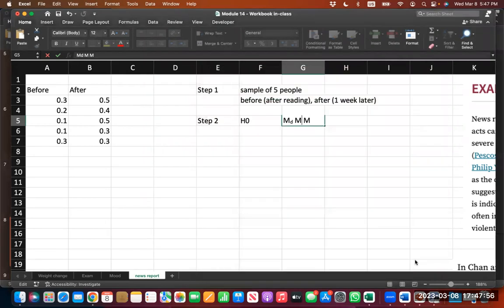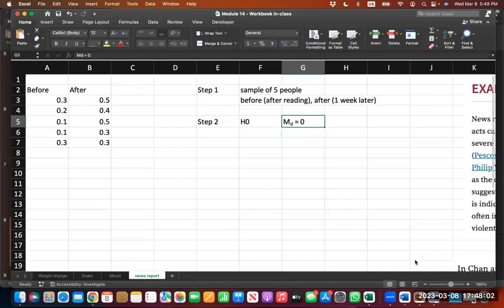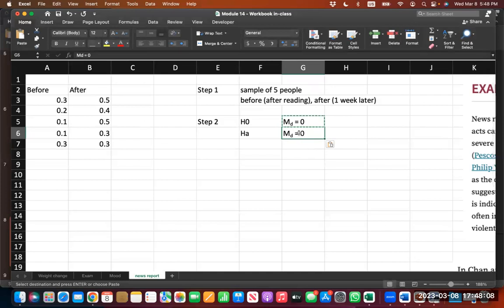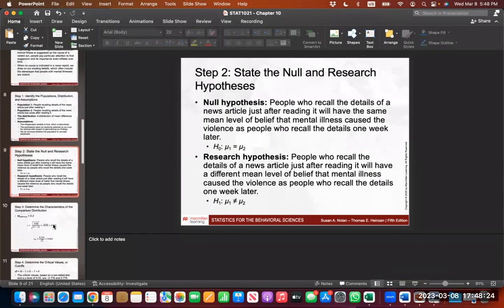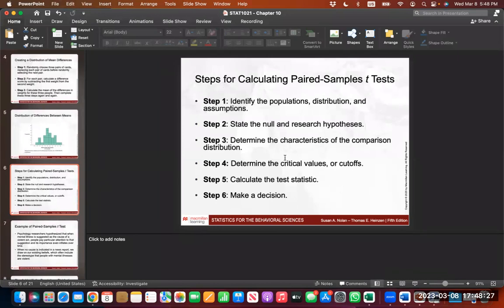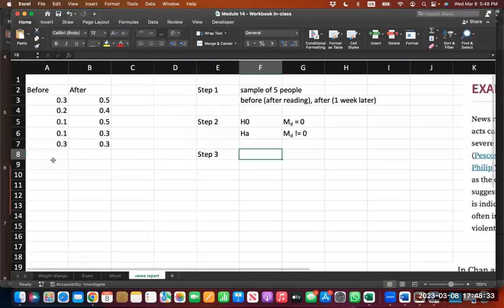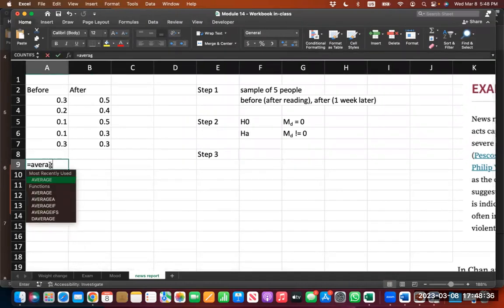Okay, MD, our mean difference, is equal to 0 in the null hypothesis, whereas in the research hypothesis, MD is unequal to 0. So that's our hypothesis. Step 3 is now logically we have to determine the characteristics of the comparison distribution. So now we're basically calculating an average of before.